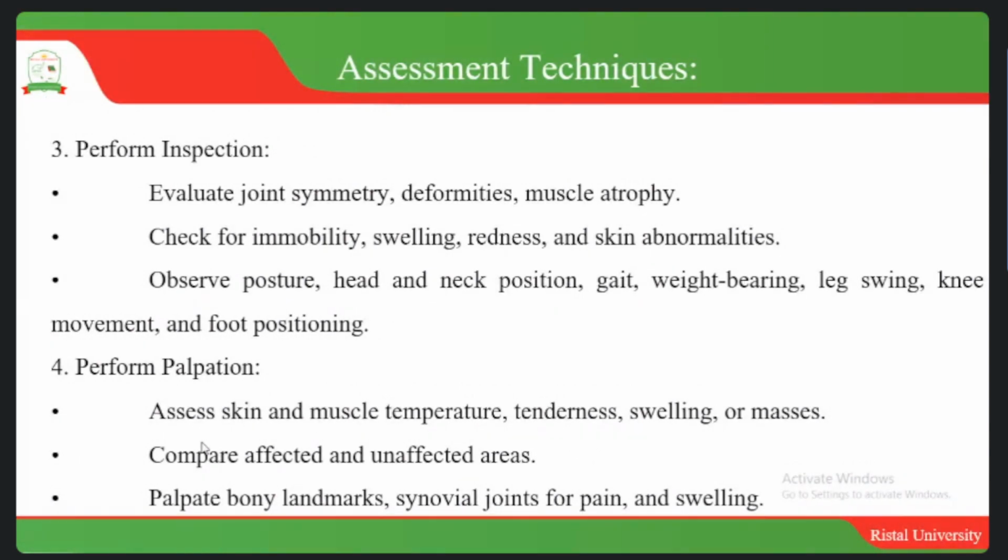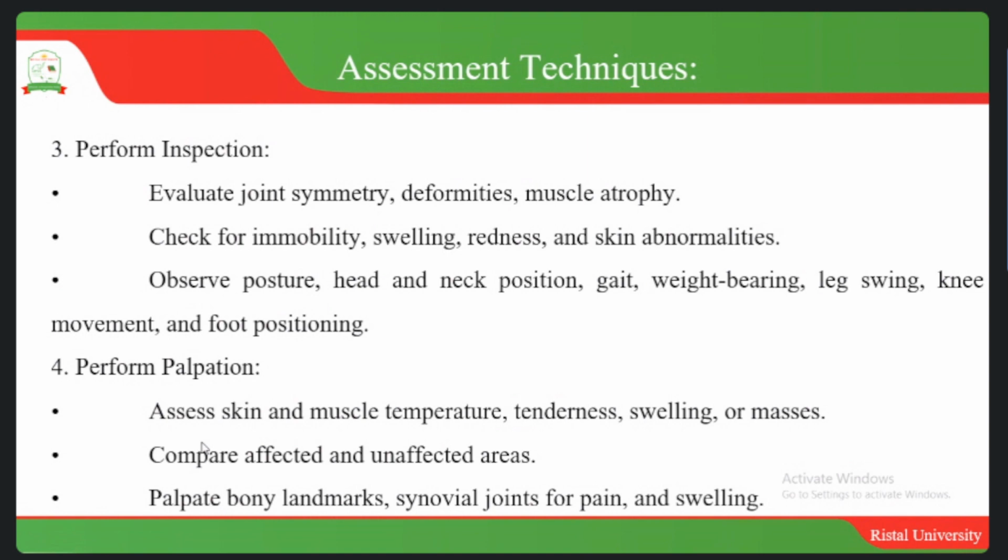Is the joint in the normal size, the normal shape, or is one side swollen, one side maybe depressed, and so forth. Then the deformities, you also need to assess for any deformities in relation to the musculoskeletal system, and muscle atrophy. Muscle atrophy is the reduction of the size of muscles in different areas of your patient's body.